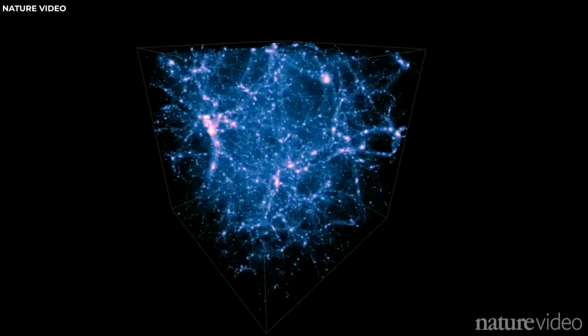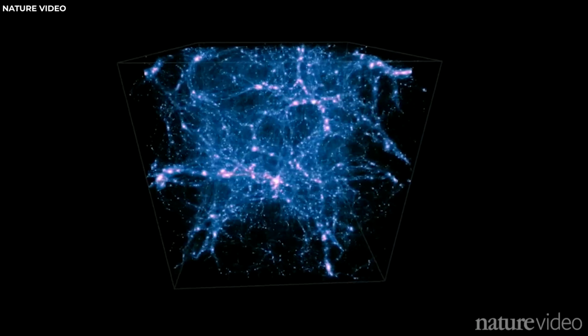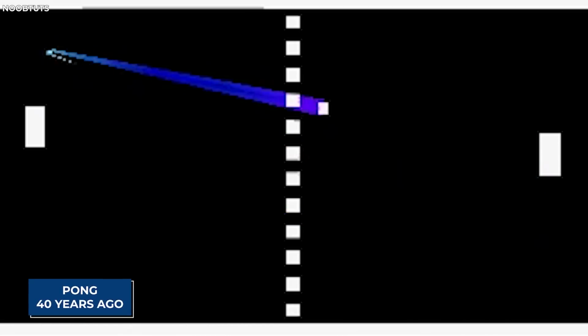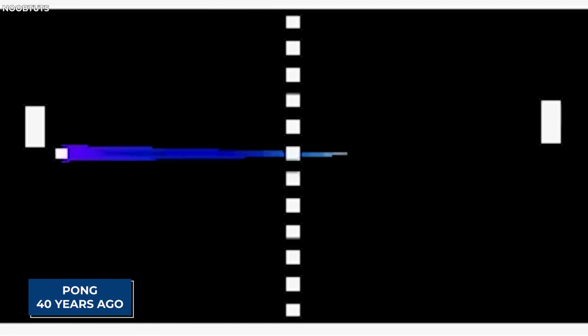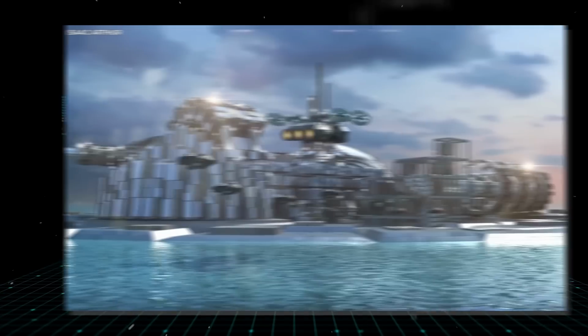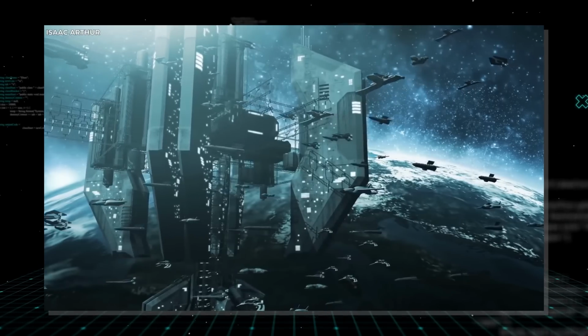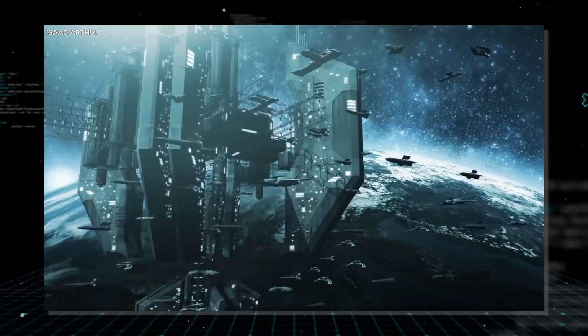On the surface, the case for simulation appears compelling. Pong, a simple 2 pixels and a rectangle, was the pinnacle of technology 40 years ago. Now we have photorealistic graphics, deepfakes, and virtual reality at our fingertips. Future civilizations appear destined to advance even further and to recreate scenarios from their distant past.